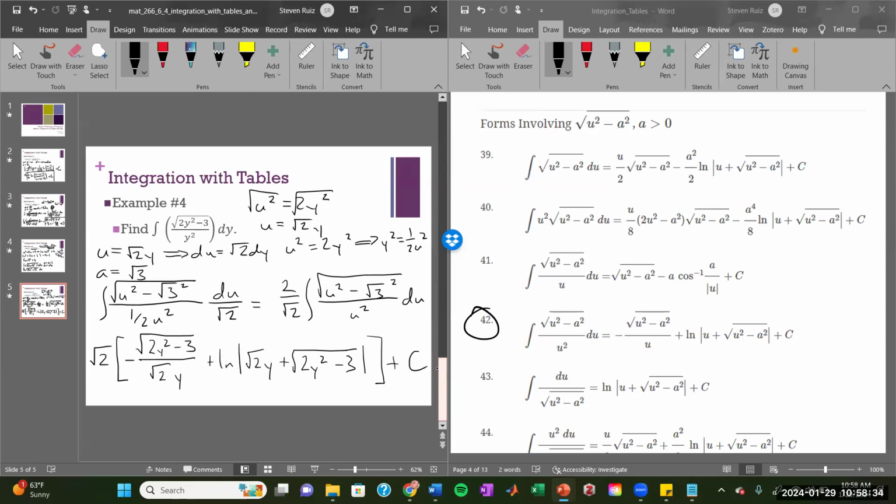I simplified 2 over radical 2. So 2 is the same as radical 2 times radical 2. So that's why that simplifies the way it does. What else?